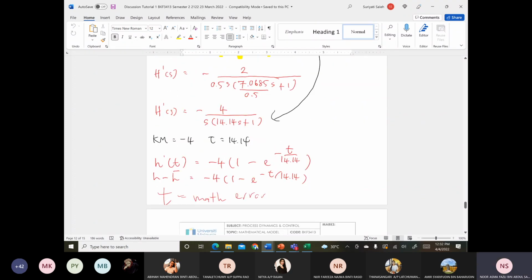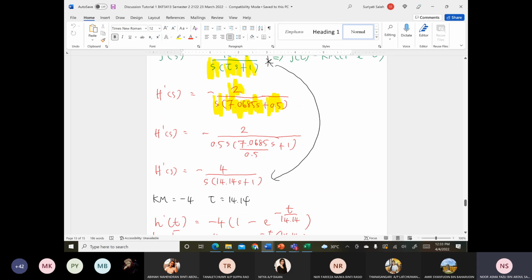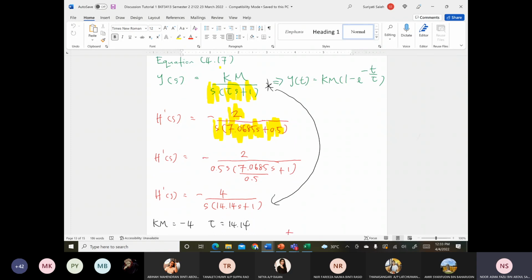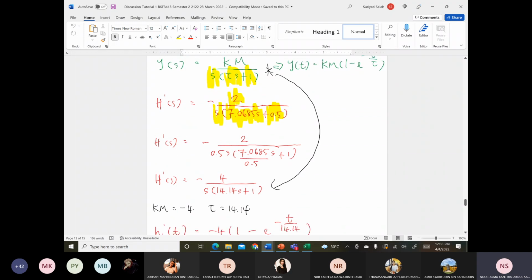Based on this, we have the first order, where our first order here is -2 over 0.5 s, multiplied by 7.0685 s over 0.5 plus 1. In this case, we have Km equal to -4 and tau is 14.14.